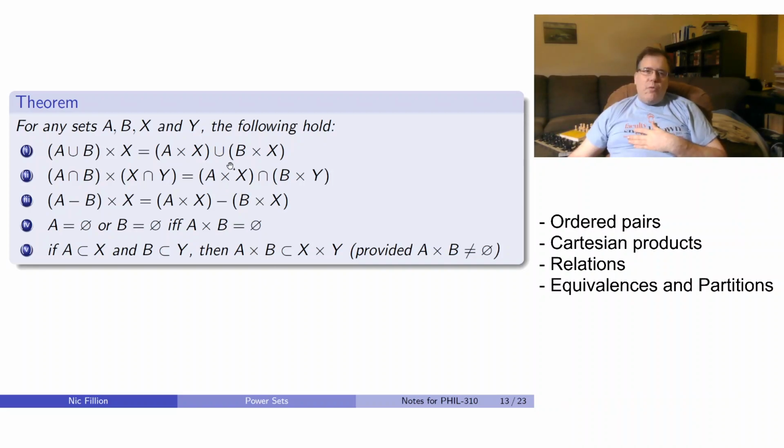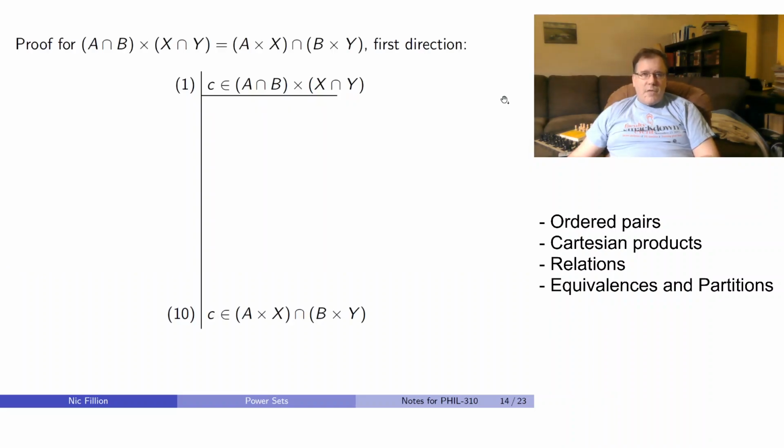Let's just see how we would prove the second one with a Fitch diagram. Might give you a few cues and hints about how to tackle the first one in your homework assignment.